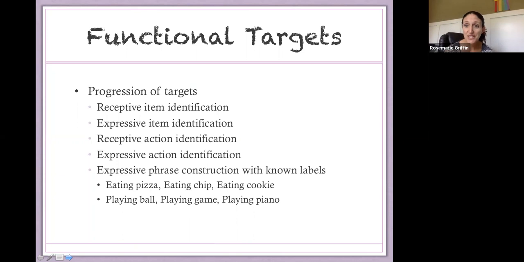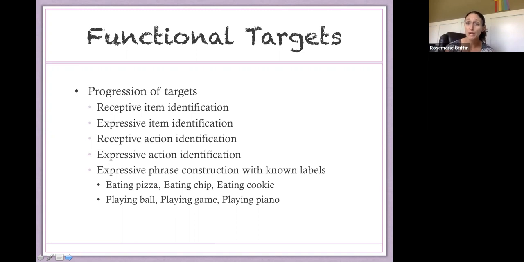Now, these are not the healthiest things in the world, but these are things that the student loved and enjoyed. And a lot of the times when I work with students with more complex needs, I work with things that are preferred for them. So if I'm going to start working on labeling with a student who has significant impairments, I want to make sure that the labeling is going to be functional for them. Yes, they should know what a spoon is, they should know what a toothbrush is, but they're not going to be motivated potentially at the beginning when they're working on that target.